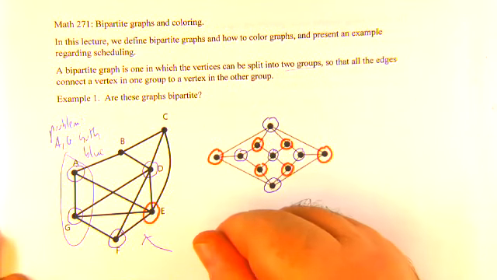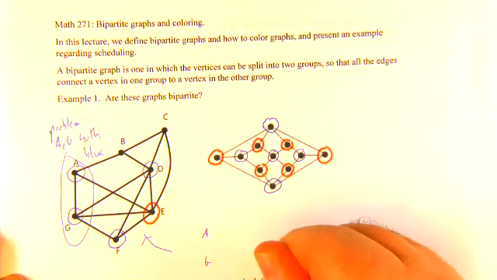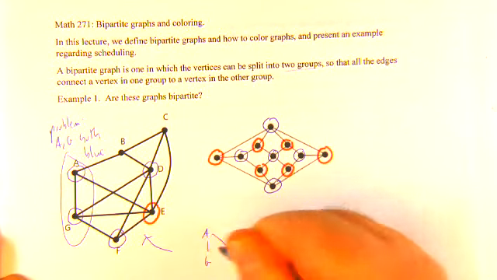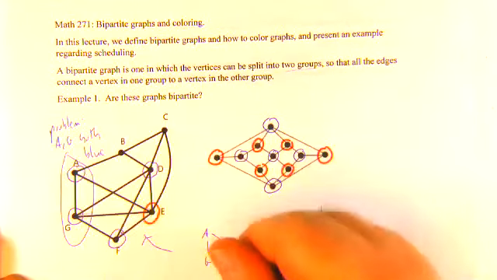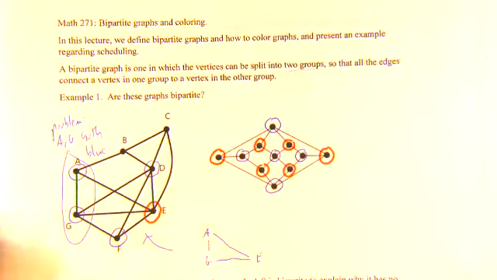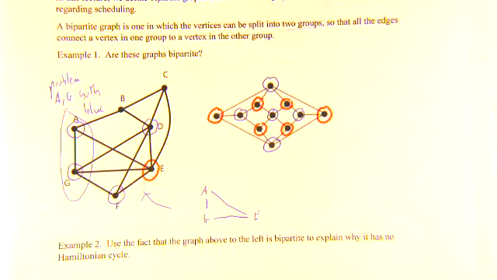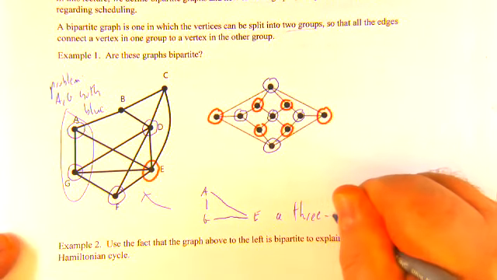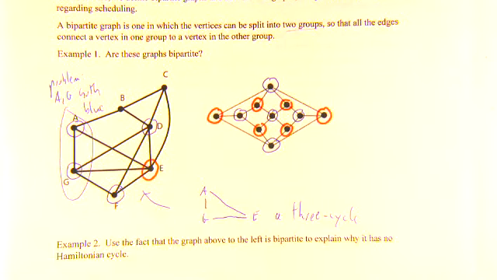The problem is the three cycle, A, G, E, right? And so this is a subgraph. We'll just take out this thing, right? And if you look at a triangle like that, or a three cycle, you can see that you can't color that with two colors, right?